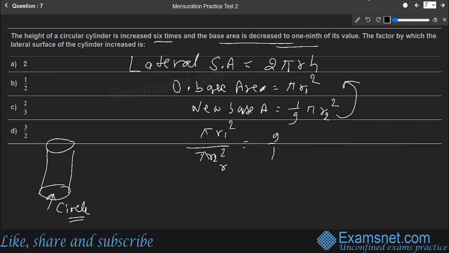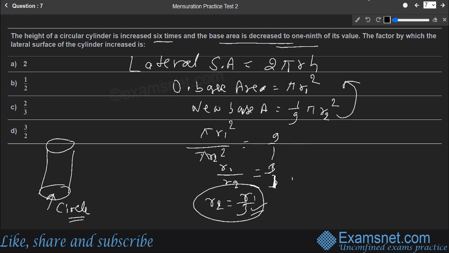So r1 by r2 is coming out to be 3 by 1, which gives r2 as 1 by 3 of r1. Radius has been reduced to 1/3 of it, because the base area has been reduced to 1/9.